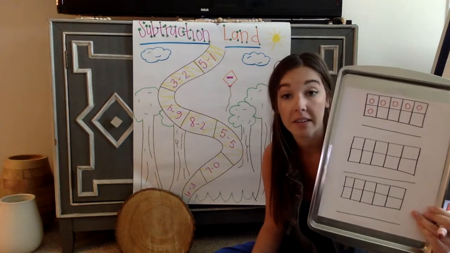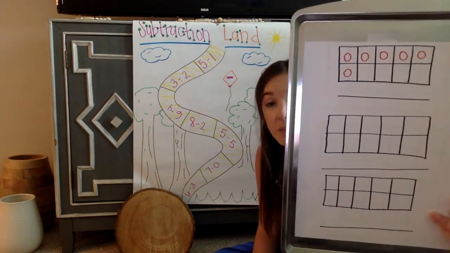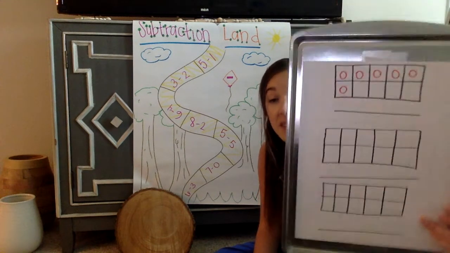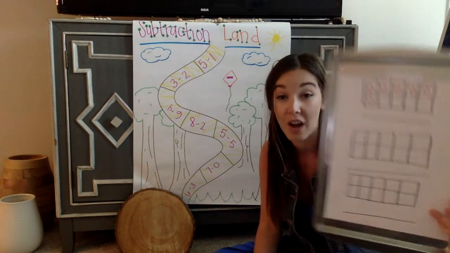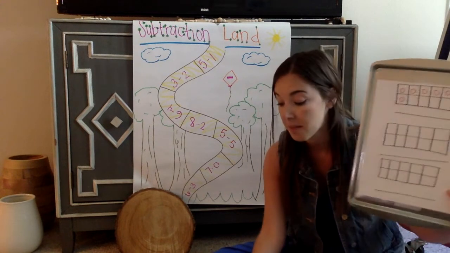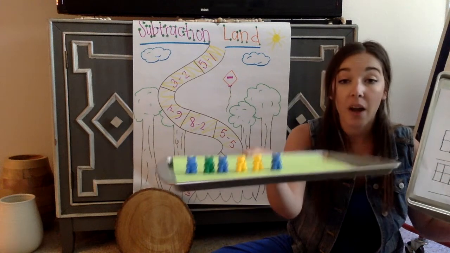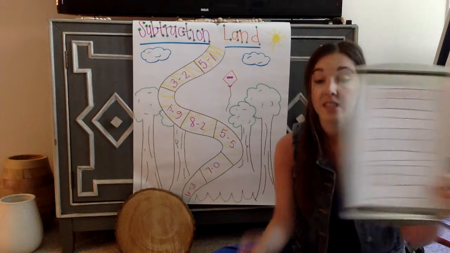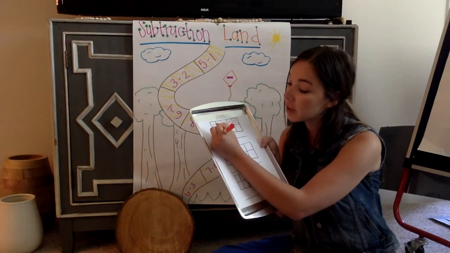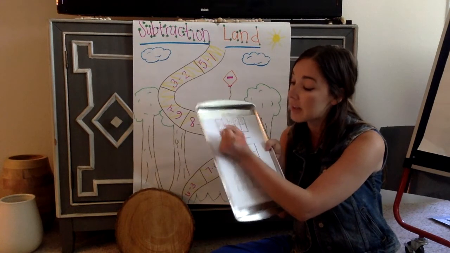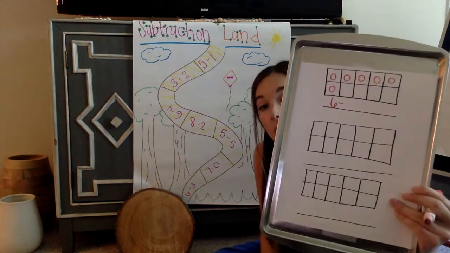They're not colored in. There are 6 of them to match these 6 bears. 6 is my whole. 6 is the start of my number sentence. So I can go ahead and write that 6 down because I do know my whole.